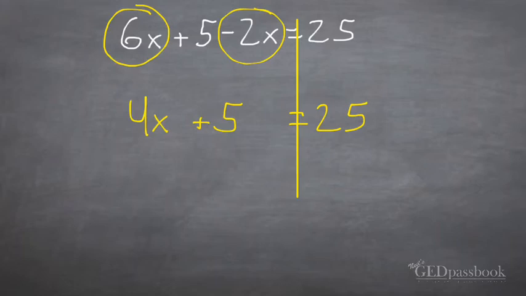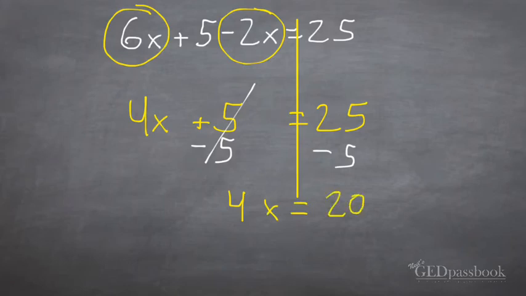So tell me, how do you move the 5? Move it to the other side, put a minus on it. Minus 5 cancels out. It gets thrown over there. Now we're left with 4x equals 20. Now, could somebody tell me what we need to do?